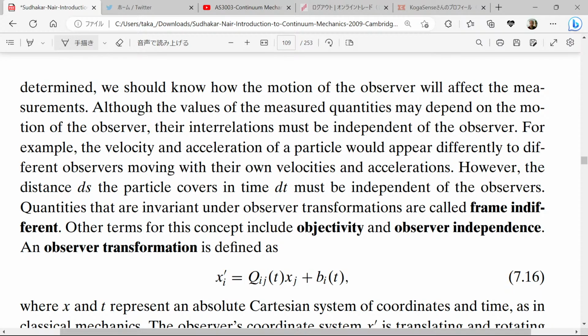For example, the velocity and acceleration of a particle would appear differently to different observers moving with their own velocities and accelerations. However, the distance ds the particle covers in time dt must be independent of the observers.